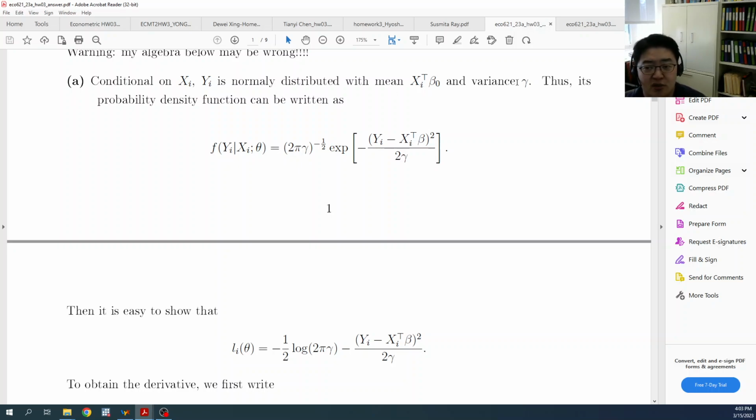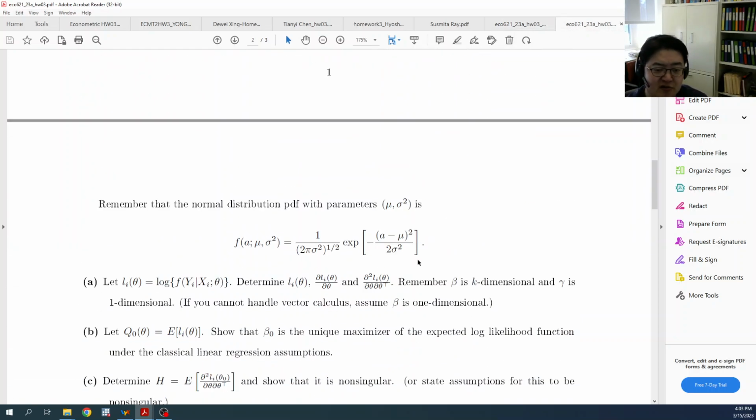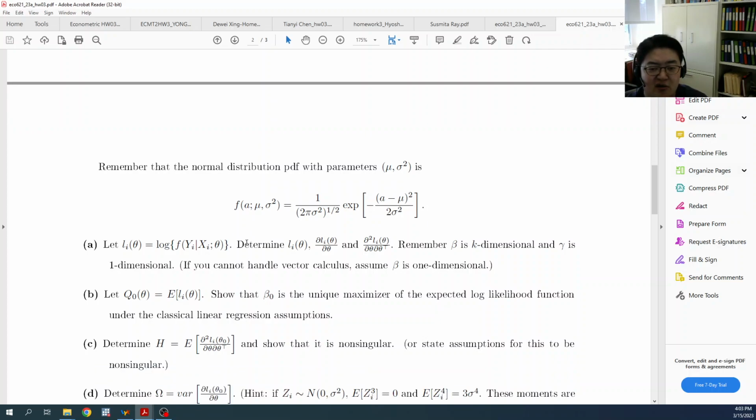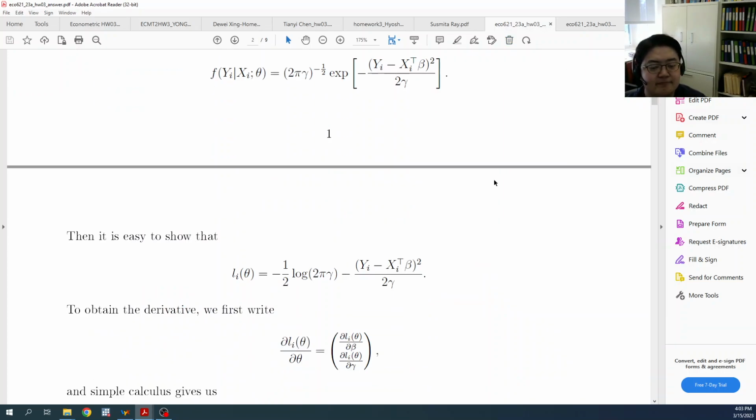So once you write this, by the way, in the homework, I already gave you almost everything. So I wanted you to write something like this, the main key idea. The algebra is just tedious.